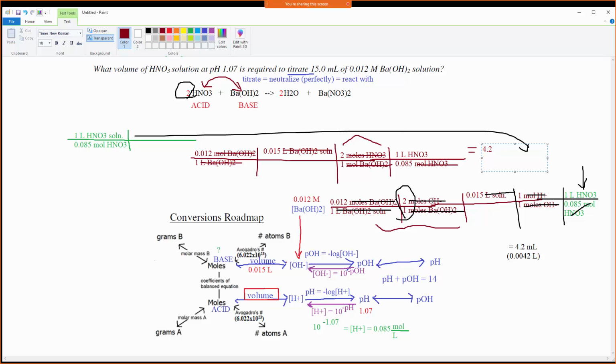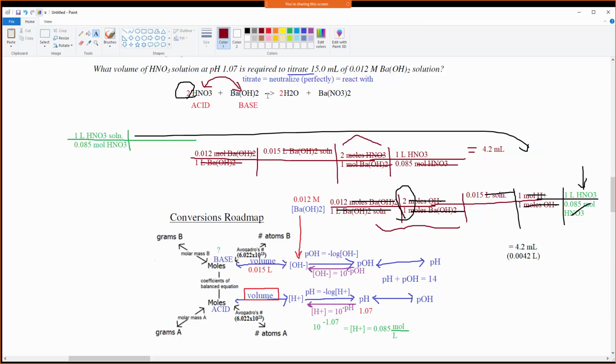So long as you are taking into account the fact that either 1 barium hydroxide gives you 2 hydroxides, or that 1 barium hydroxide reacts with 2 HNO3s, one or the other. When I did this route, I singled out the OH.